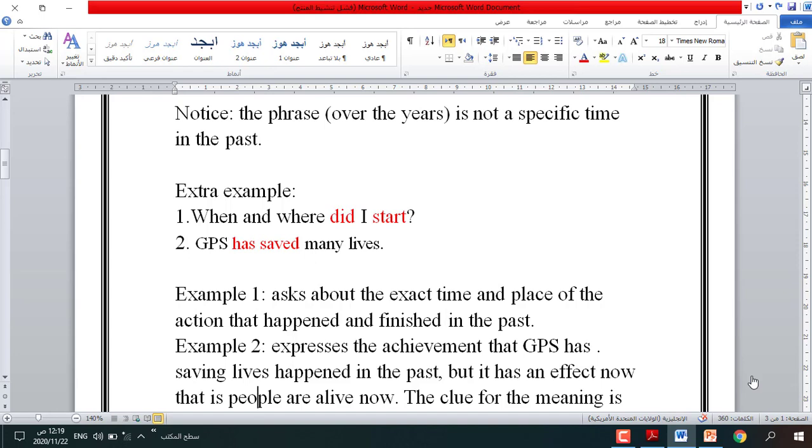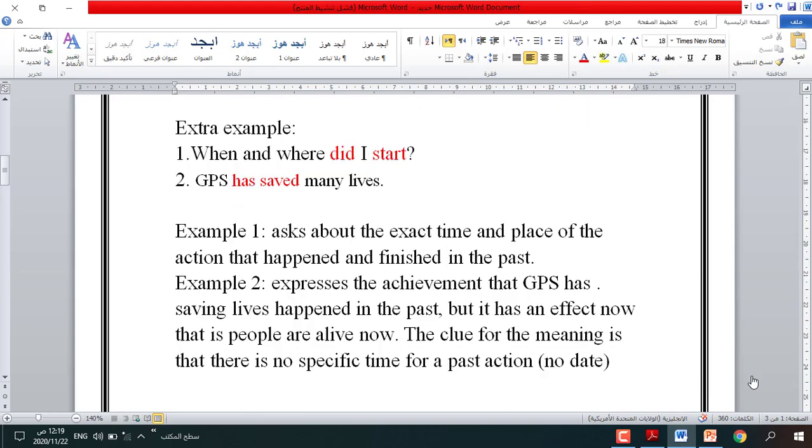Now, saving lives happened in the past, but it has an effect now, that is, people are alive now. The clue for the meaning is that there is no specific time for a past action. There's no date. So this is a present perfect verb, connected to the present time or expressing an achievement. When there is an achievement, we are not concerned with when it happened, but with its effect on the present or on others.